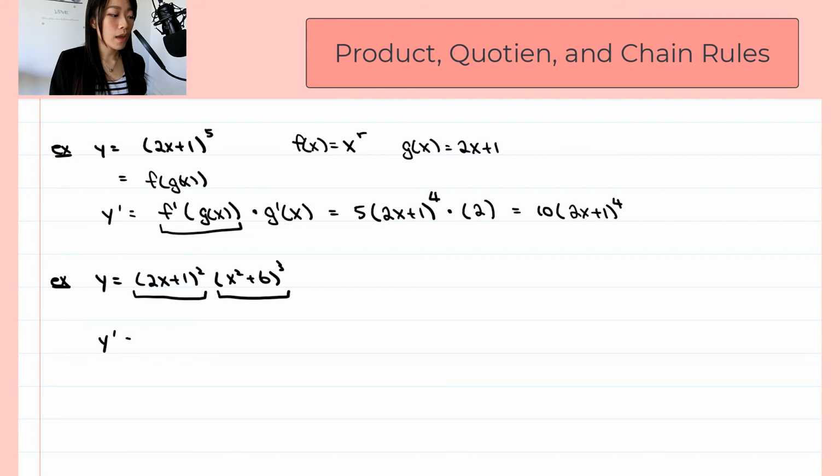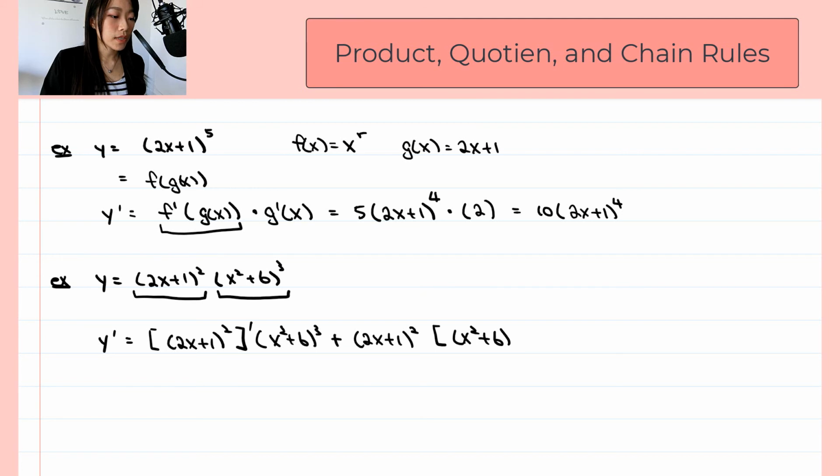So y prime equals the derivative of the first function, 2x plus 1 squared prime, times the second function, x squared plus 6 cubed, plus the first function, 2x plus 1 squared, times the derivative of the second function, x squared plus 6 cubed. So now we use the chain rule for the derivative of the first and the second function.